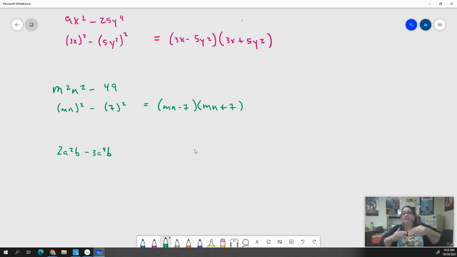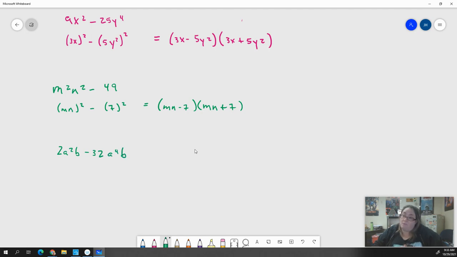Well, remember, anytime we're dealing with stuff, we're looking for a greatest common factor first. Oh, sorry, this is supposed to be 32a to the fourth b. That would change things. If it was 3, it wouldn't work because 3 can never factor down to a perfect square.